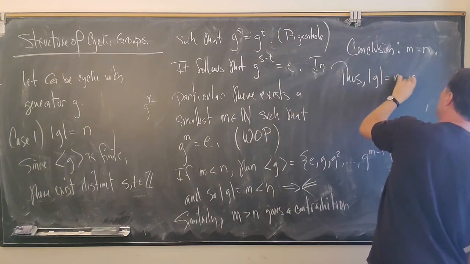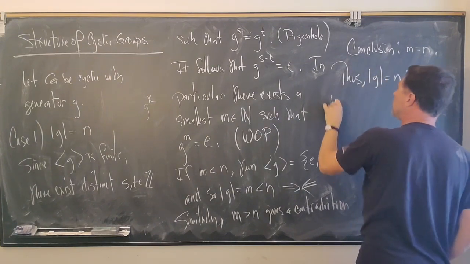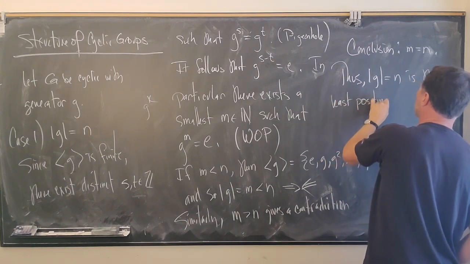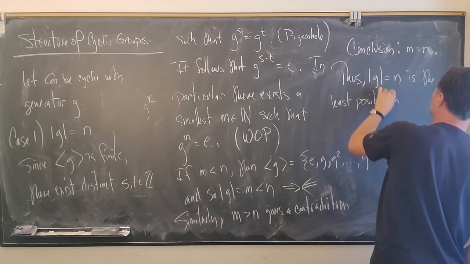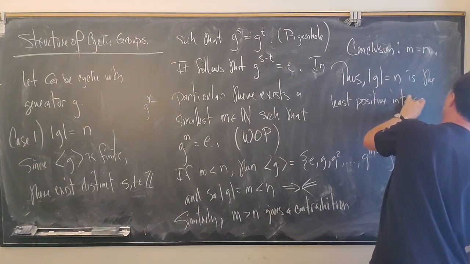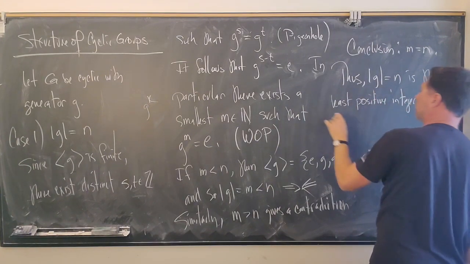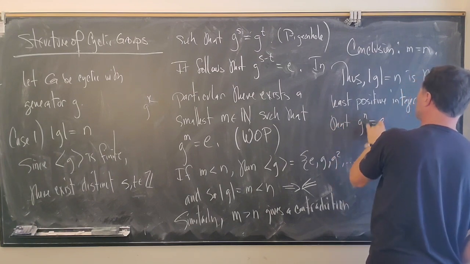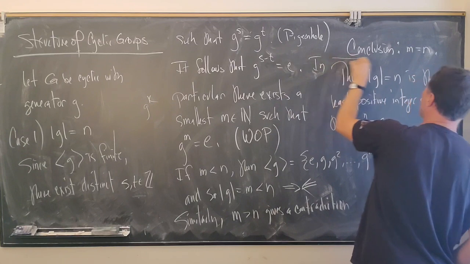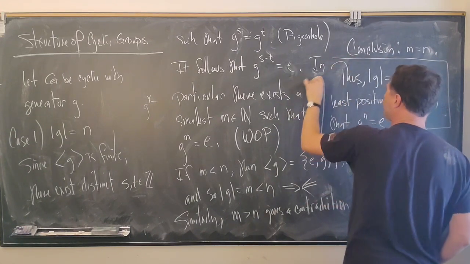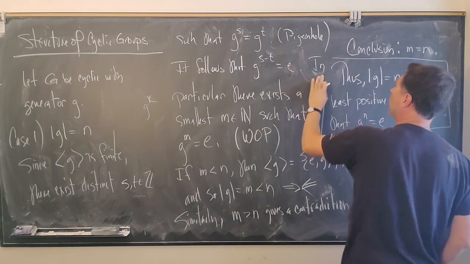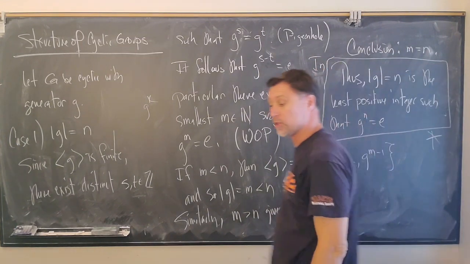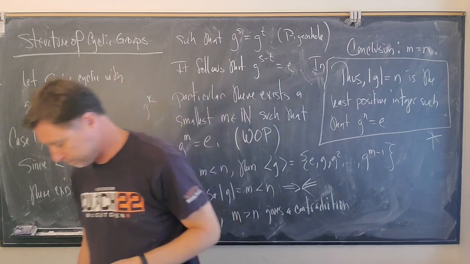This number n is the least positive integer such that g raised to the n is equal to the identity. So this is definitely something you want to focus on. All right, so that's important. There's an alternate characterization of the order of an element.